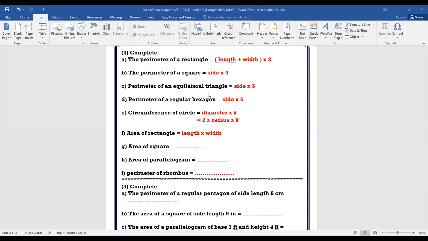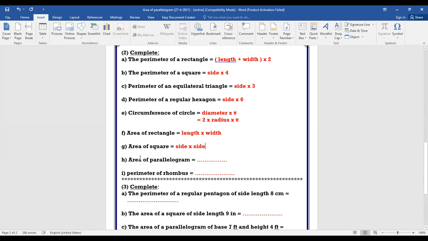Okay. Area of a square: side multiplied by side. Very good. It will be a side multiplied by itself.